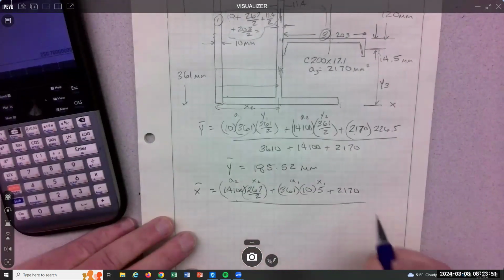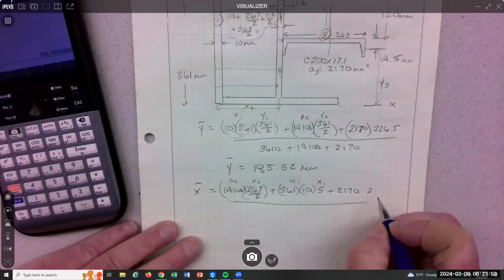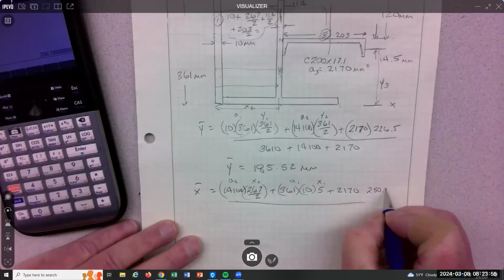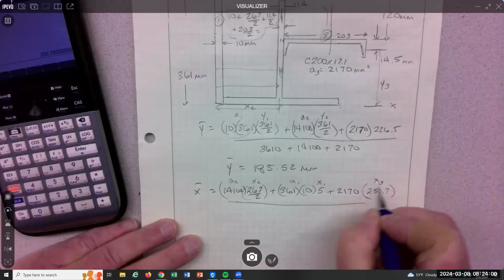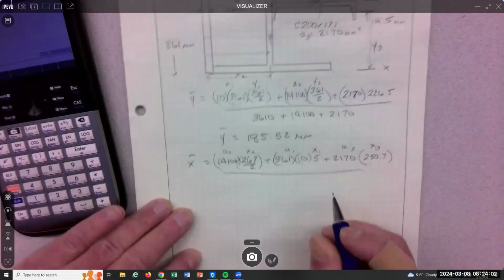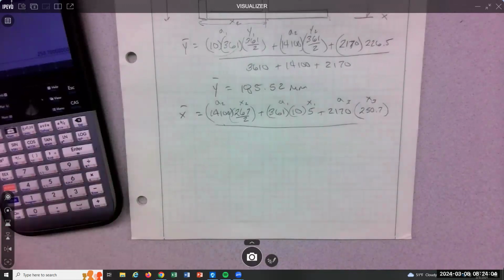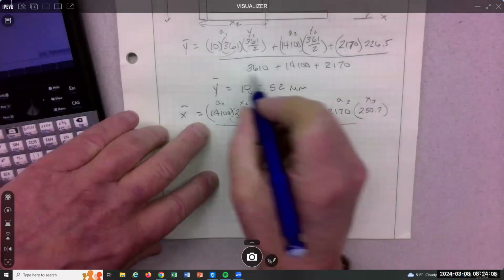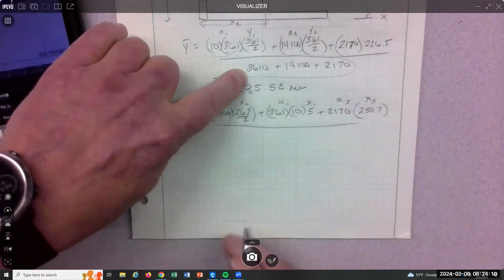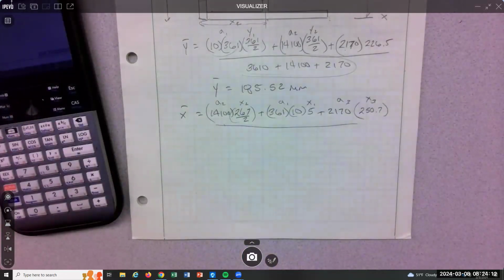250.7, don't forget what you were doing, that's X of 3, this is A of 3. And again, all of that is over the total area. The total area didn't change, so you can just use that.